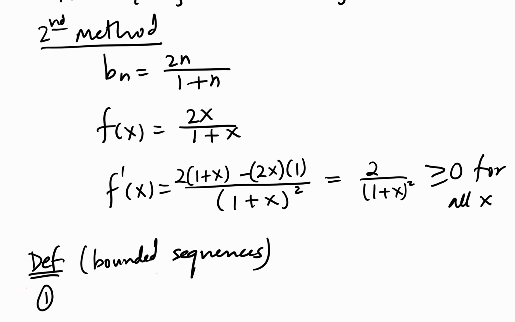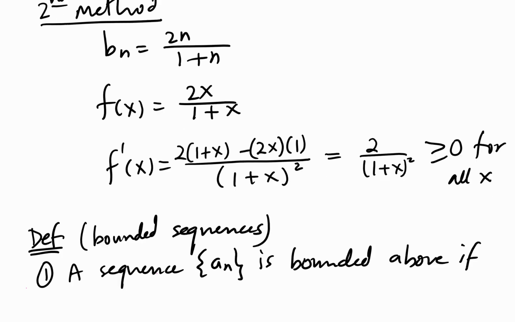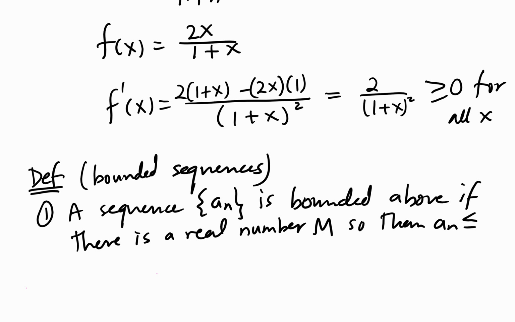The first one: we say a sequence a_n is bounded above if there is a real number, call it capital M, so that a_n is always less than or equal to capital M for all n. I think that makes sense. To call that an upper bound, all the values have to be less than or equal to M. That's the upper bound.